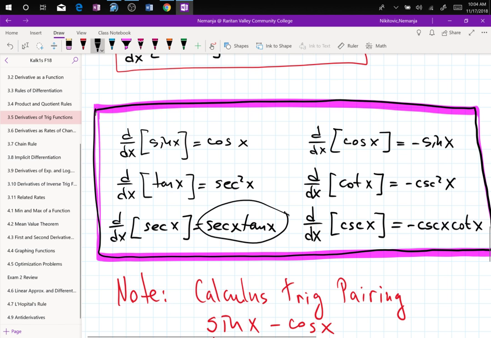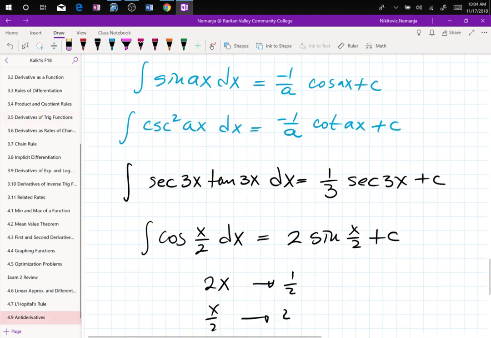When you're going back, you get a single function, because remember, integrals and derivatives are changing functions. They change sine into cosine, they change secant tangent to secant, depending on whether you have derivative or integral. Yeah, because for some reason I kept putting it as secant squared x.